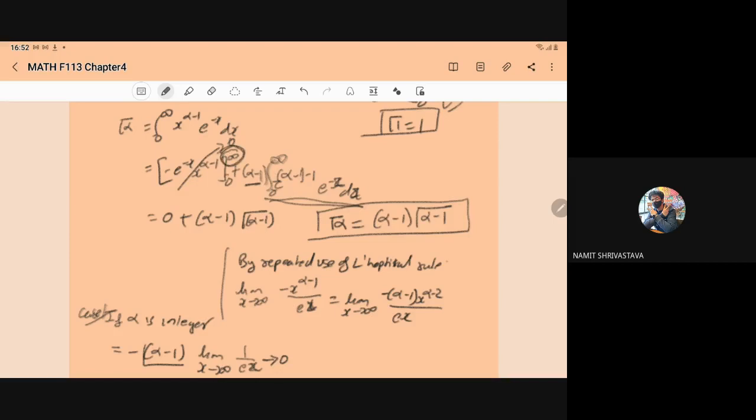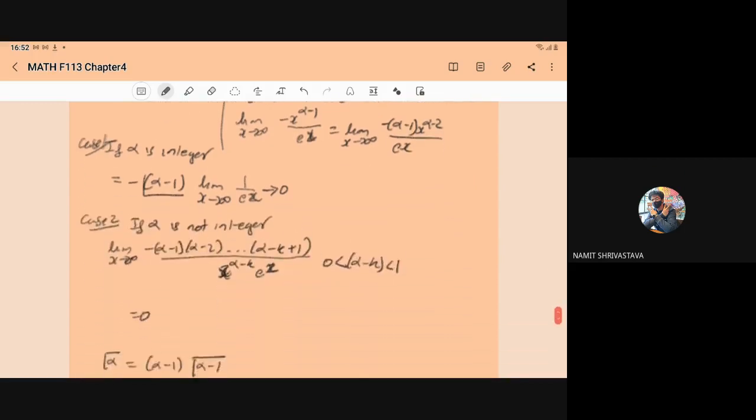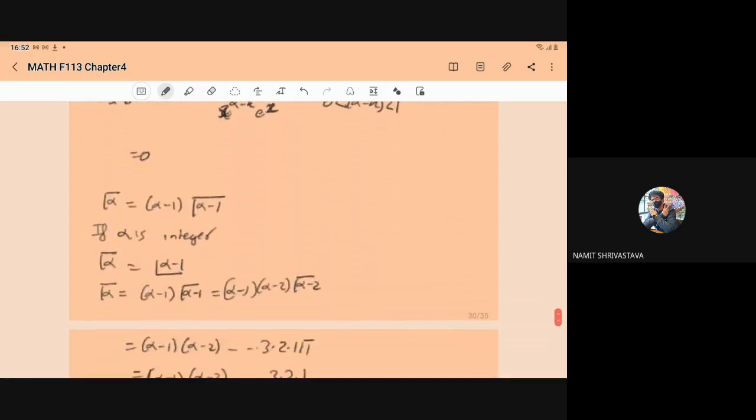So the first part is 0, and we have gamma of alpha is equal to alpha minus 1 times gamma of alpha minus 1. This is another important result.